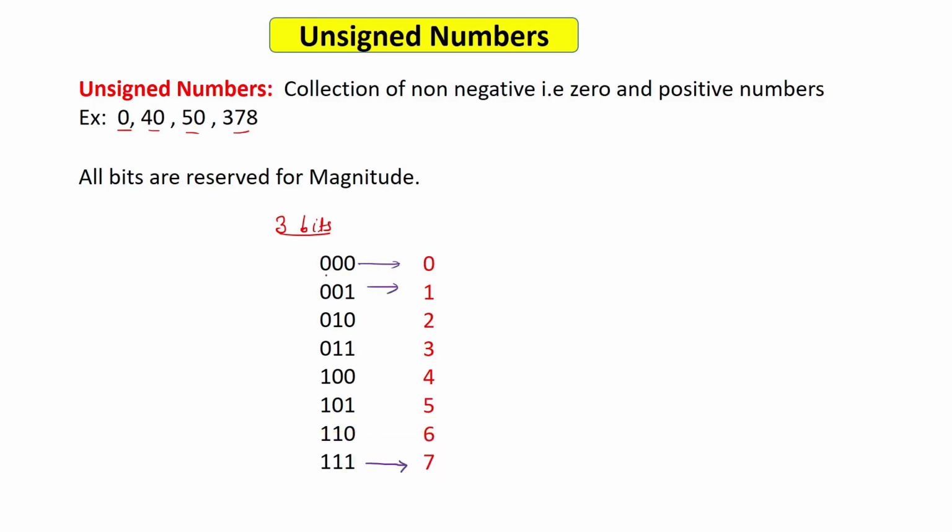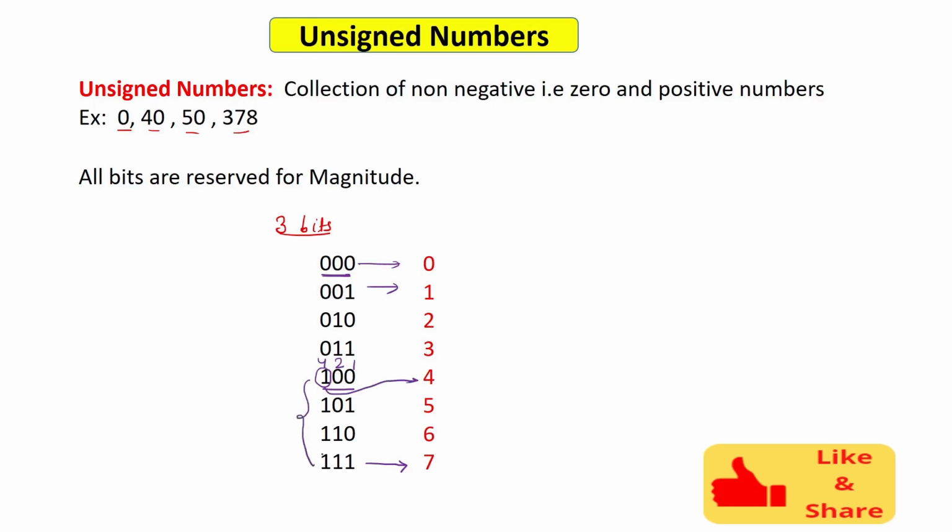So all the bits in this binary form are reserved for the magnitude. If you see this 100, then this weight is 1, this is 2, and this is 4. So this last bit is also helping us to find the magnitude. It is not telling me any sign. All the bits in the binary representation of unsigned numbers are helping to find the magnitude. They are reserved for the magnitude only. There is no sign bit as such in unsigned numbers.